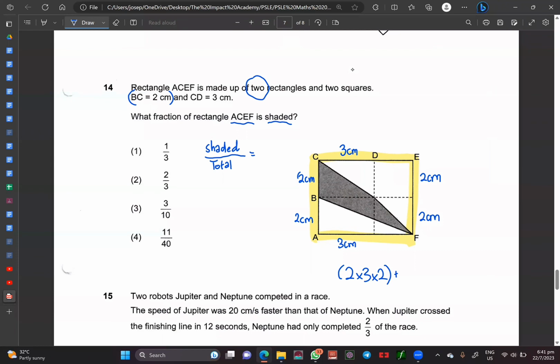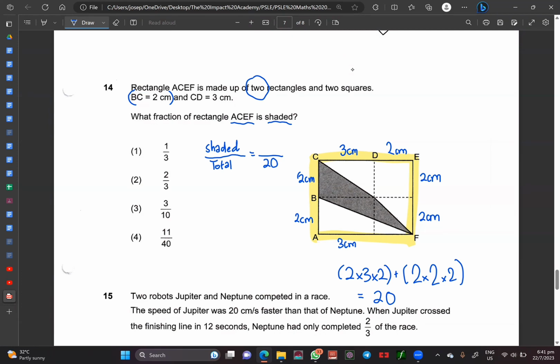Then I'm going to add the square. If this is a square, isn't it true that DE is also equal to 2 cm? After that, you do 2 times 2, then you times 2 as well. When you do this, you will get a very nice denominator of 20. So we know that this is our denominator. You settle your denominator first.